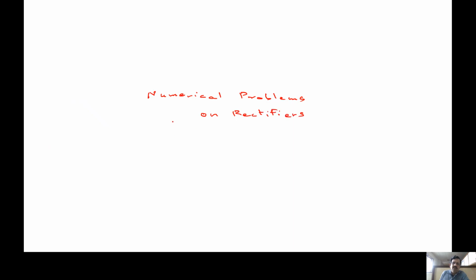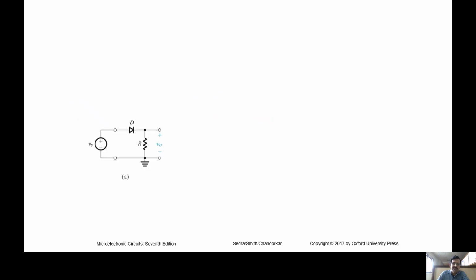This is being done to reinforce our understanding of the various configurations or various types of rectifier circuits, namely the half-wave rectifier, the full-wave rectifier, and the bridge rectifier. So with that in mind, let us go to problem number 1.